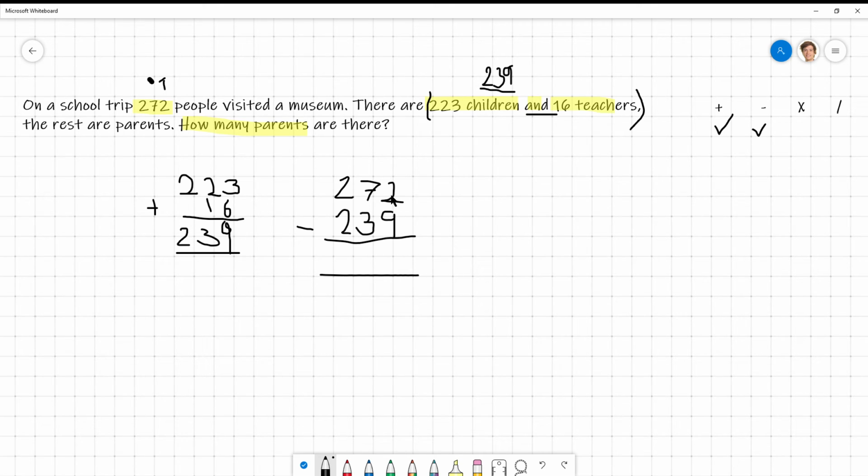So 2 take away 9 I can't do, so we'll turn that 7 into 6, turn that 1 ten into 10 ones, or 10 units. 12 take away 9 is 3, 6 take away 3 is 3, 2 take away 2 is 0. So the answer therefore must be 33. So question 1, the answer, awful handwriting this time, is 33.